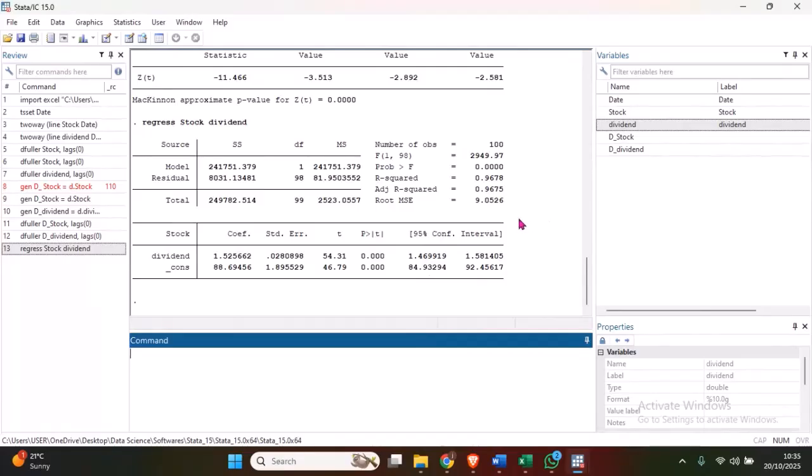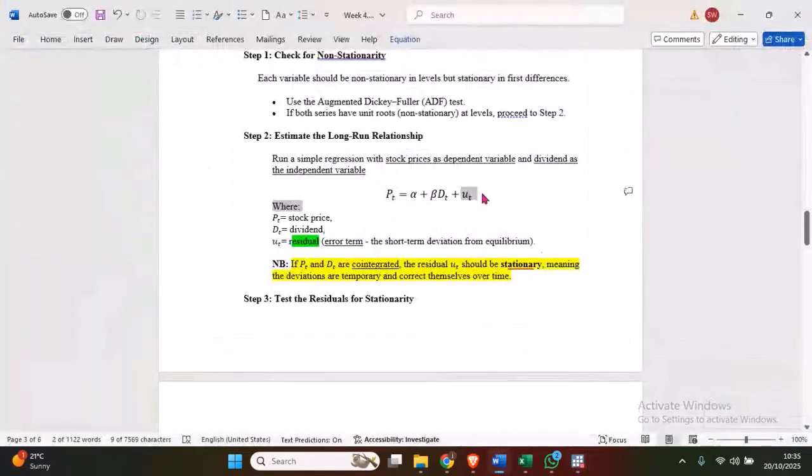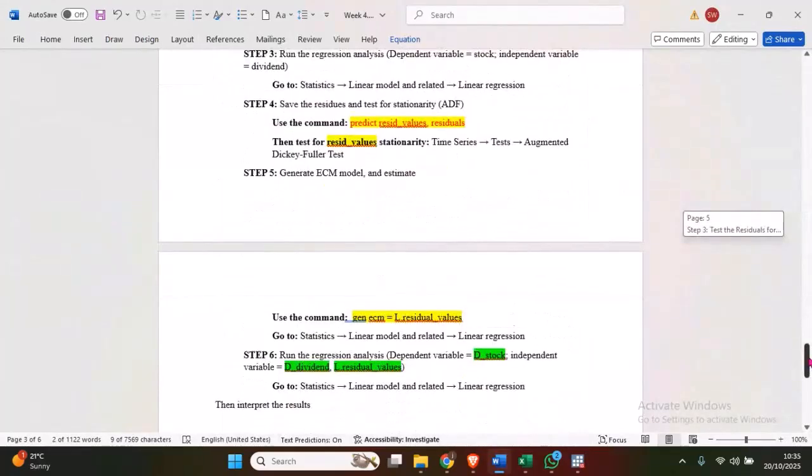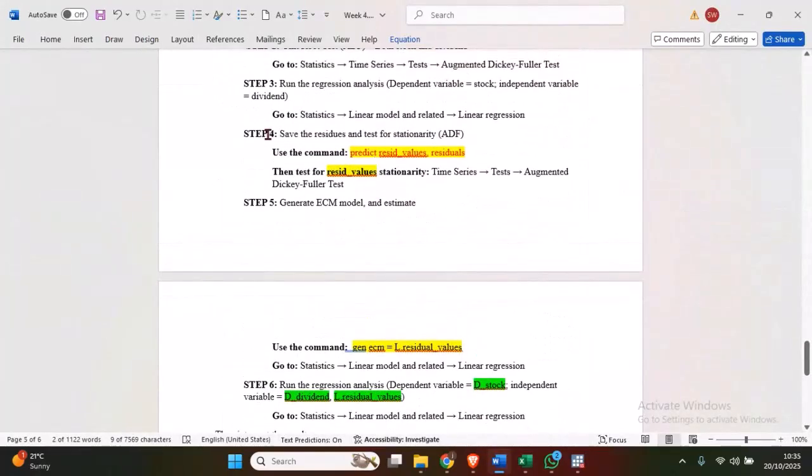We are not interested basically in these results. What we are interested in is the error term, but to get the error term, we have to run the regression. So go back down to step 4, save the residuals or the error terms.